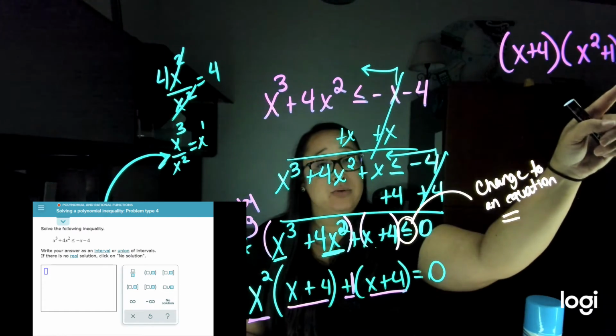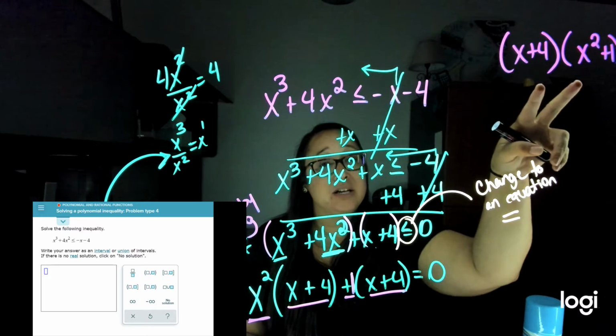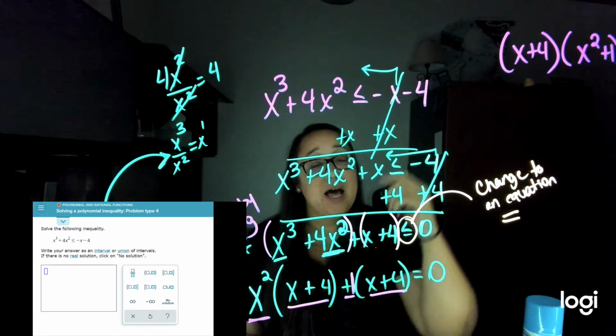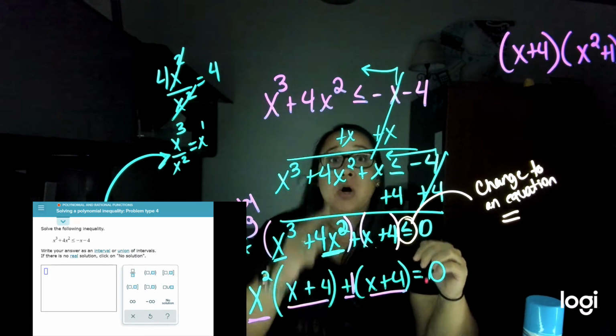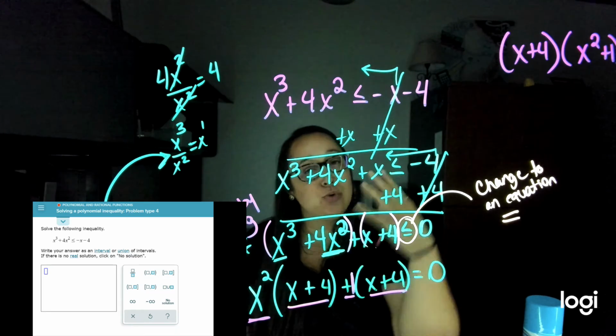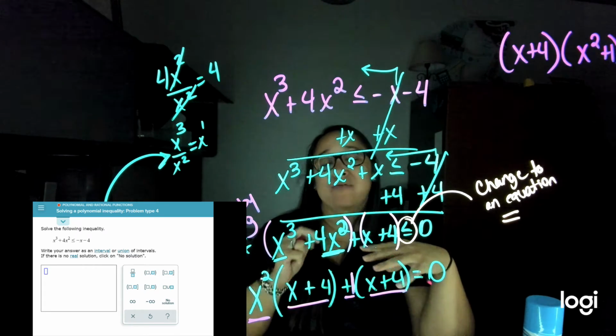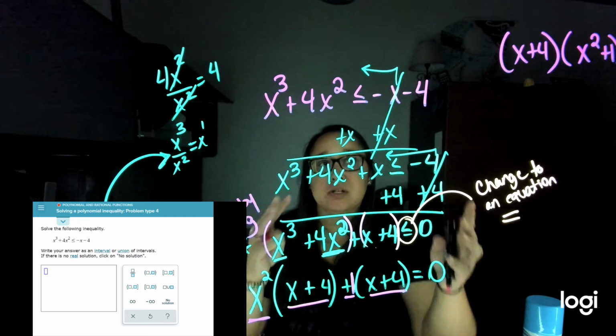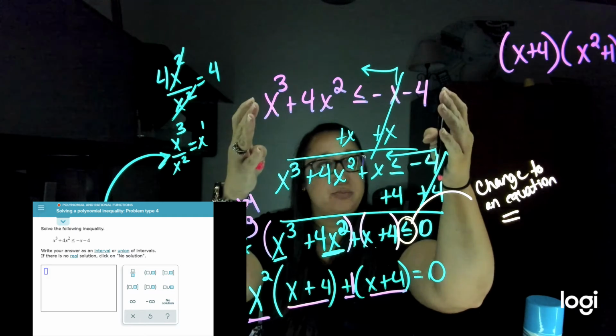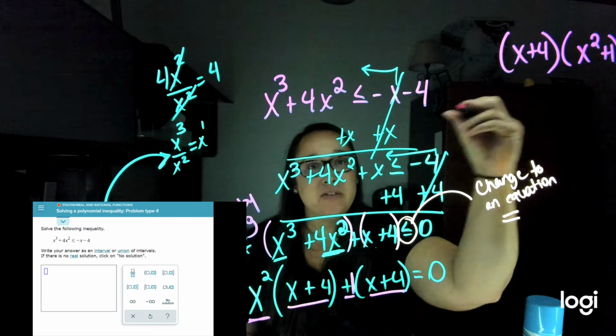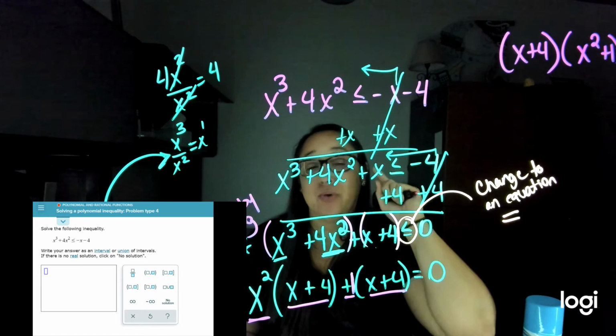Now, the reason we set this equal to 0 is so that we can solve this polynomial equation. And we want to get our zeros, because we want to use our zeros to find our intervals that satisfy this expression. So let's solve this like we would do any other polynomial equation.